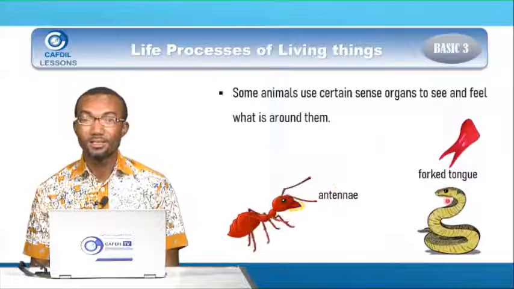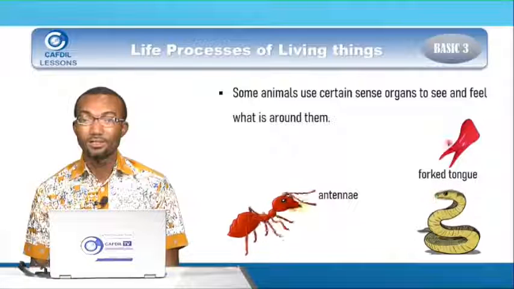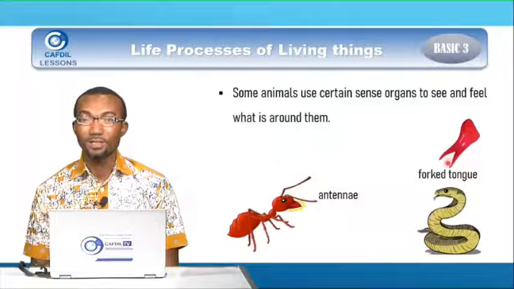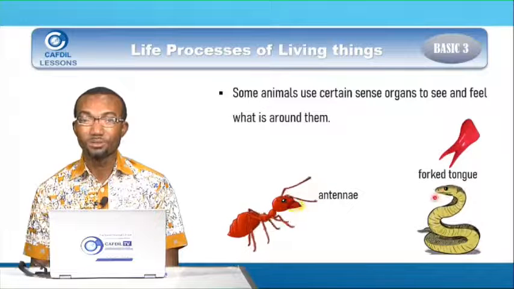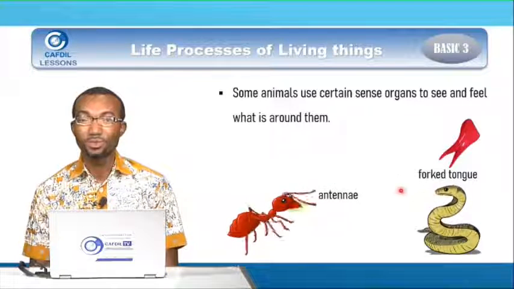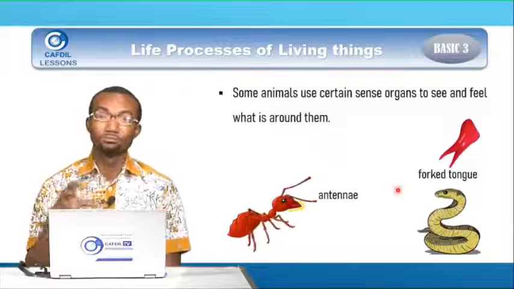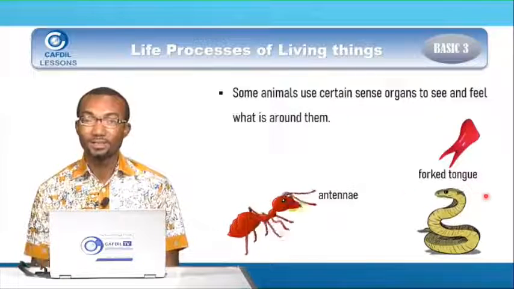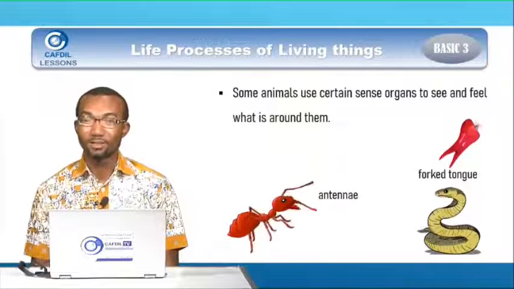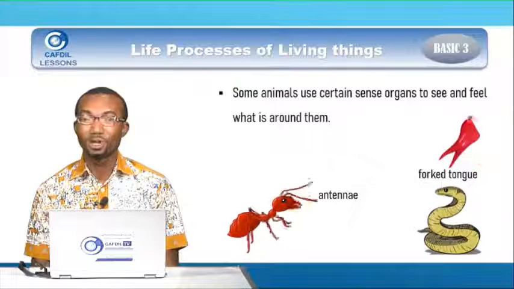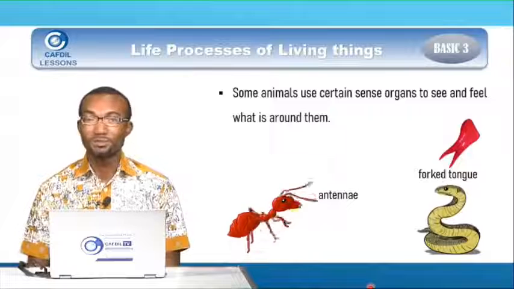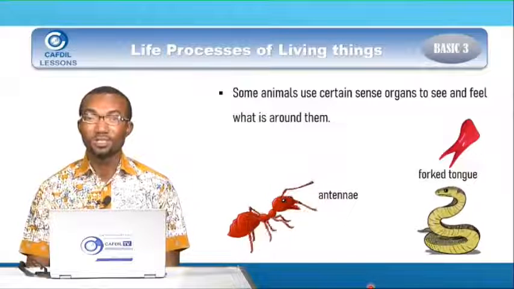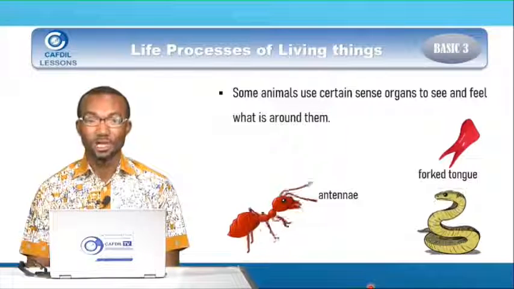If you look at snakes, their sense organ is their forked tongue. This is how the tongue of a snake looks like, and they are always bringing it out because that is what helps them to sense things around them. Though they have eyes, they use their tongue a lot because that is the most powerful sense organ they have. So some animals use certain sense organs to see and feel what is around them.